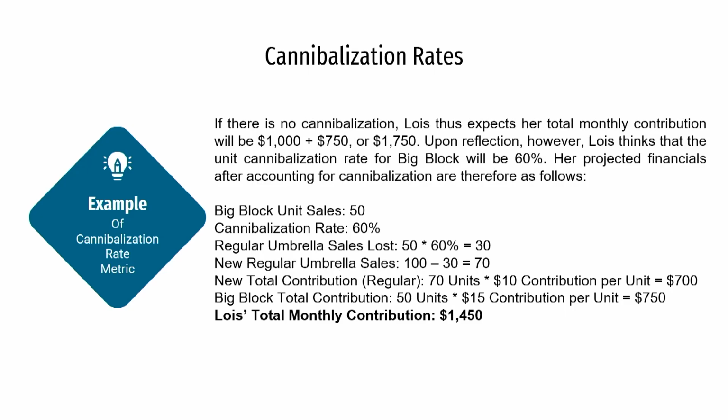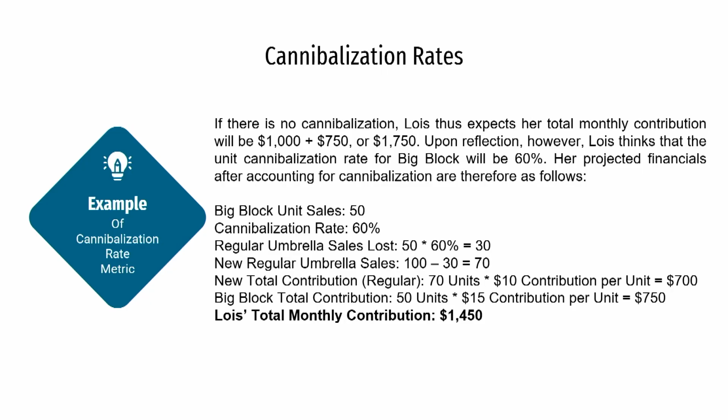This means whatever demand is derived for this particular product, big block, 60% of it is coming from the existing, normal umbrella. So as per these assumptions, her projected financials after accounting for cannibalization can be like this.